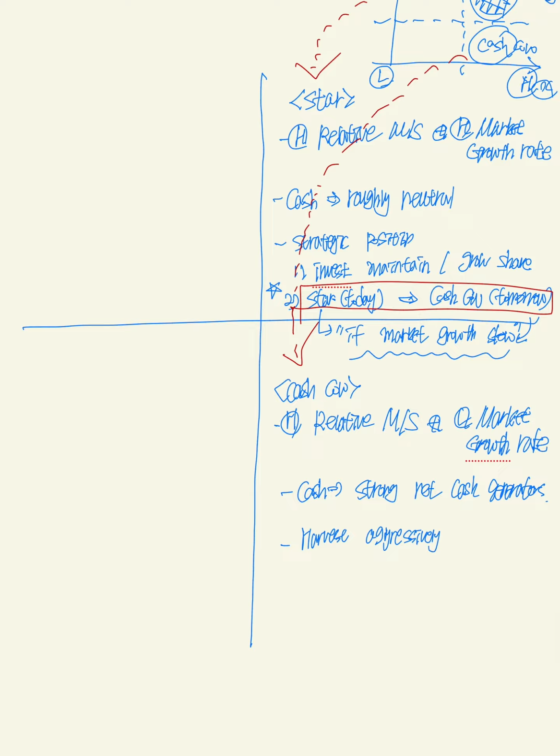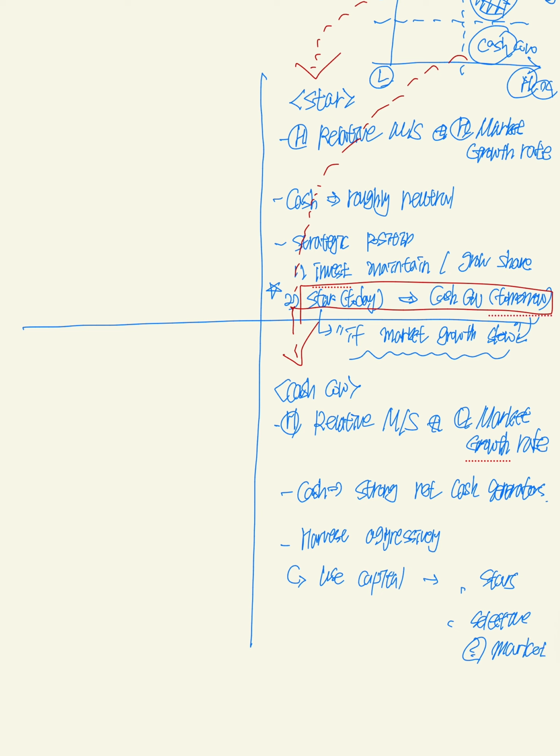Which means they minimize capital expenditure and use the cash flow to fund the stars and selective question marks, right? They tend to use capital for stars or selective question mark markets as well.